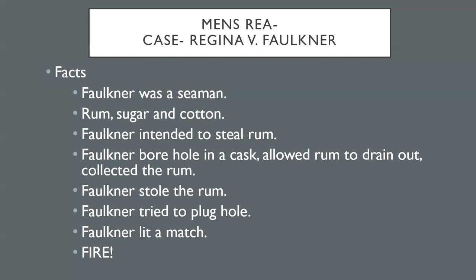He was going to have a party of one. In the process of committing the act necessary to complete that formula for criminal liability to attach to Faulkner, he accidentally burns down the ship.